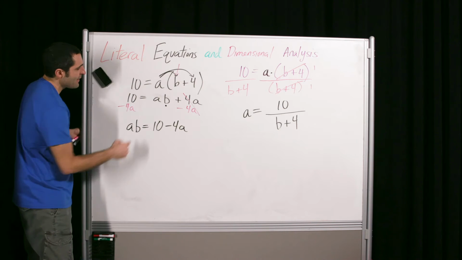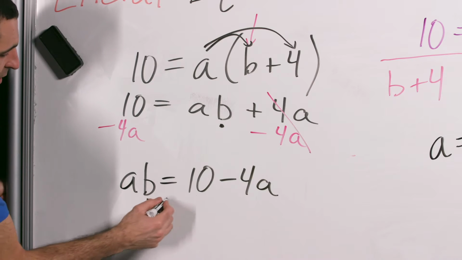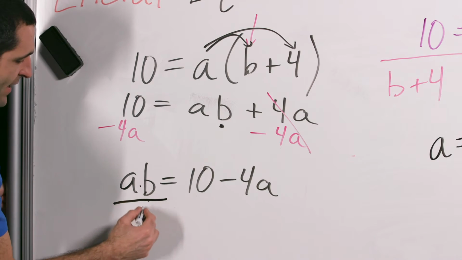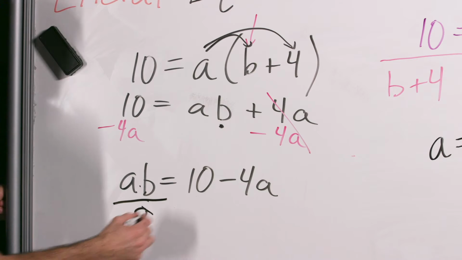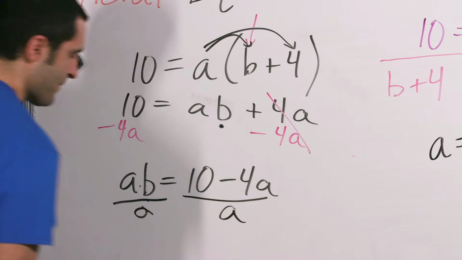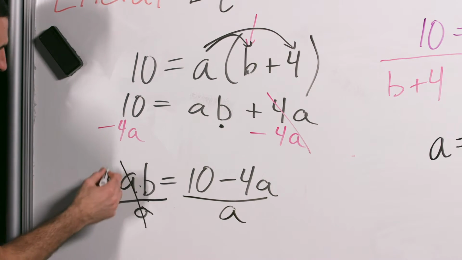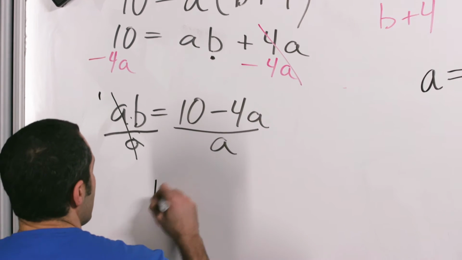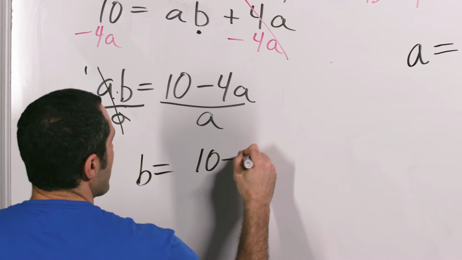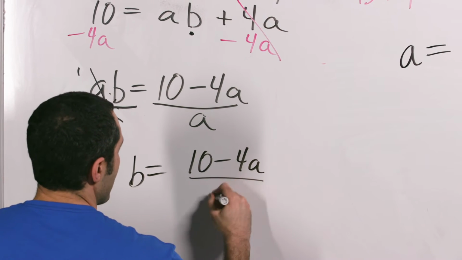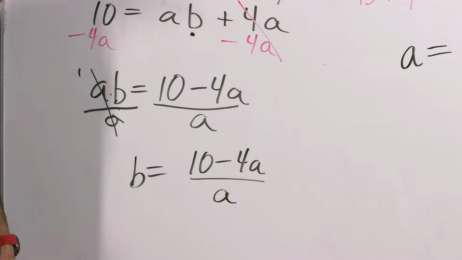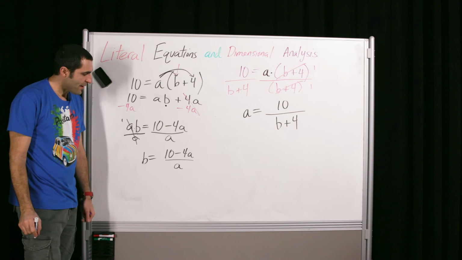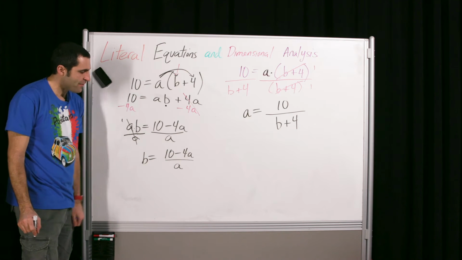And then, again, we're solving for b. There it is. So I can divide both sides by the very thing I want to cancel. A over itself is 1. So you have b equals 10 minus 4a over a. Again, we could leave it that way because a is not a common factor for everything.